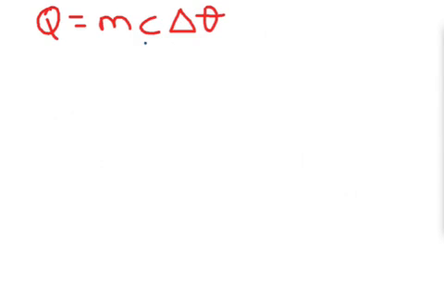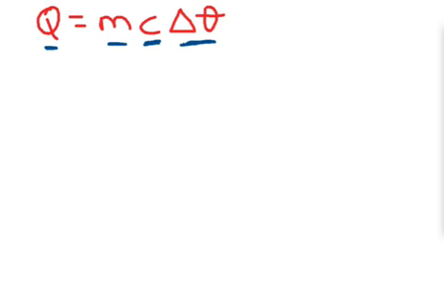The formula that has specific heat capacity is what? Quantity of heat equals mass times specific heat capacity times the what? Change in temperature, or the temperature rise. Since this is the formula that has specific heat capacity which we are looking for, we will simply bring out all the quantities present in this formula for each of the objects and analyze what actually happened in each of the objects.